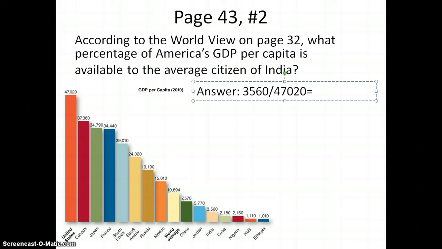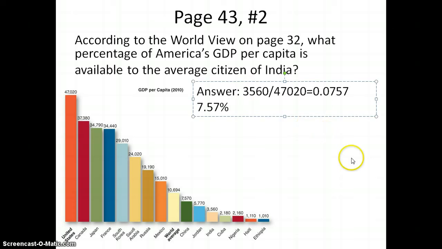When we divide those two numbers, we get 0.0757. But again, it wants to know the percent, so we move our decimal 2 places, and we get that the average Indian, or citizen of India, has 7.5% of the GDP as the United States. And again, that is per capita GDP, so it's kind of like a measure of income.